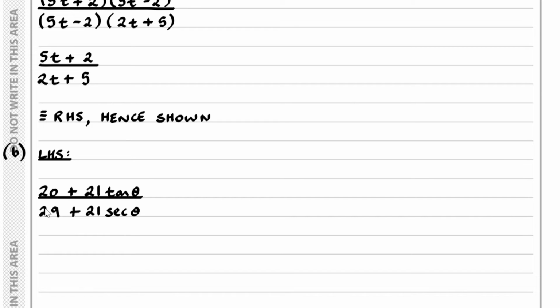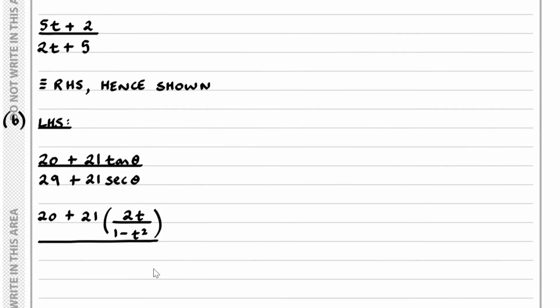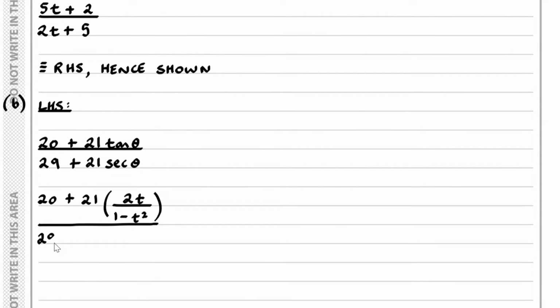and using the t formulae we have 20 plus 21 multiplied by tan theta, which is 2t over 1 minus t squared, divided by 29 plus 21 multiplied by 1 plus t squared over 1 minus t squared.